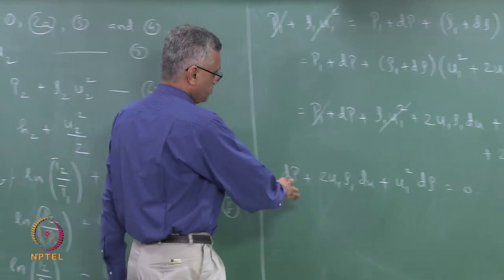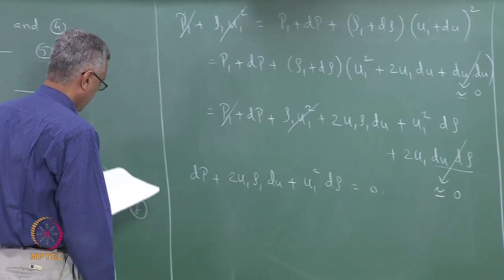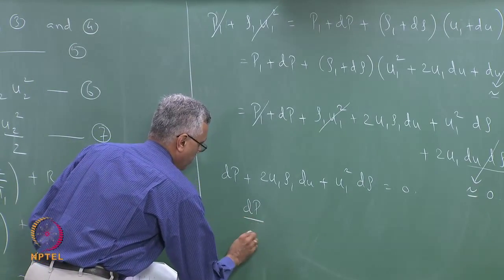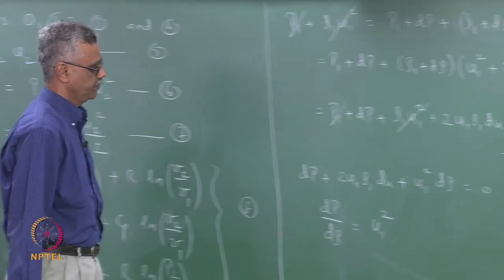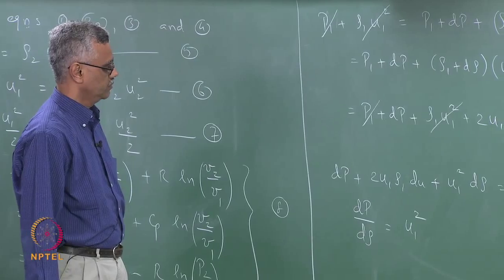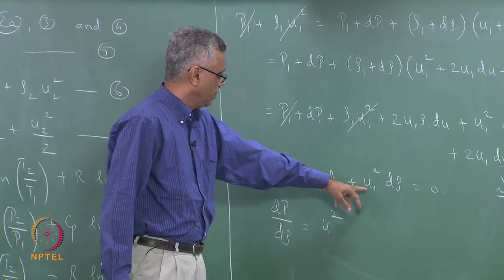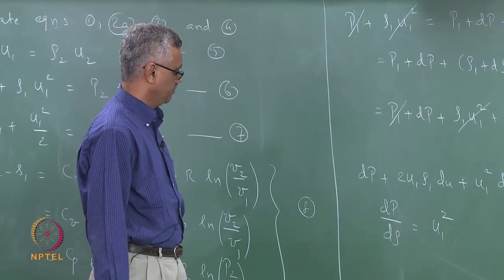Now if I substitute from there into here, if I combine these two equations, I end up with the following equation, which is dP over d rho is equal to U1 square. I simply take out the u and then I can substitute for U1 d rho from here. I get this type of an equation, right?